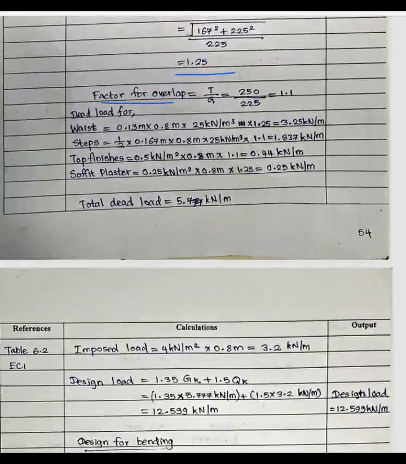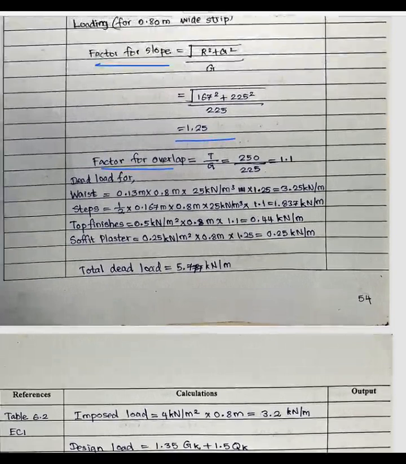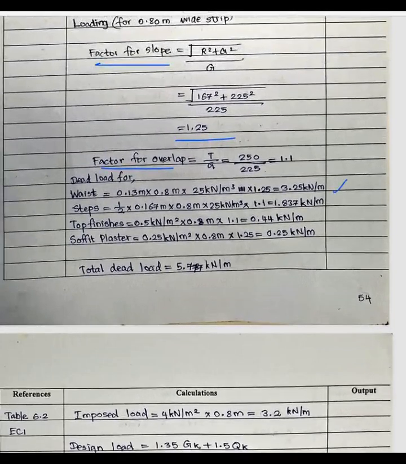The first one is the dead load for the staircase. Dead load comes from the concrete weight. We know the concrete density is 25 kilonewton per meter cube. So the waist thickness is 130 millimeter, the waist width is 0.8 meter, the concrete density is 25, and 1.25 is the slope factor. We can find the waist dead load in kilonewton per meter.